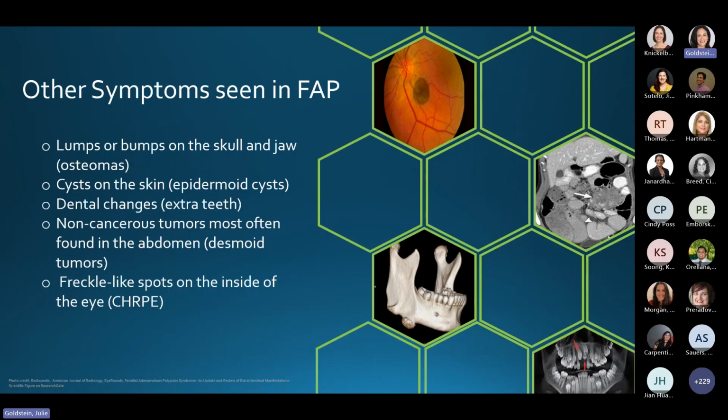It's something that only an eye doctor can see through a dilated pupil, and it basically looks like freckles on the inside of the eye. Again, these are clues that somebody might have FAP that really have nothing to do with the colon, rectum, or other GI parts.